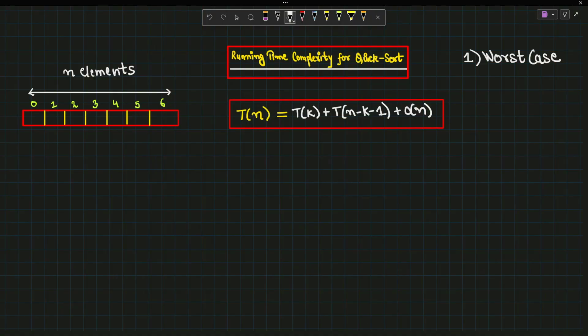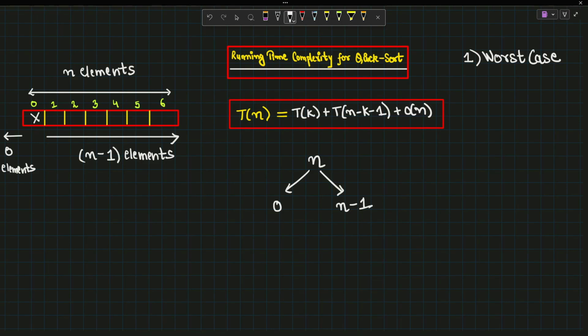Now for the worst case complexity, suppose the pivoted element comes to a particular index from where there are 0 elements present on its left part and the remaining n minus 1 elements on the right part of it. In the worst case, each time the elements will be divided in this manner, such that there is no element present on its left side, and the remaining elements are present on its right side.